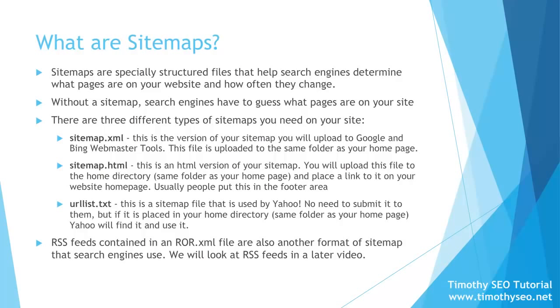And it's this XML version of your sitemap that you're actually going to upload to Google and Bing Webmaster Tools. So for that reason, a lot of people consider this file to be the most important of all the different types of sitemap files that you can create. But it's definitely not the only format of sitemap that you need to have on your website.